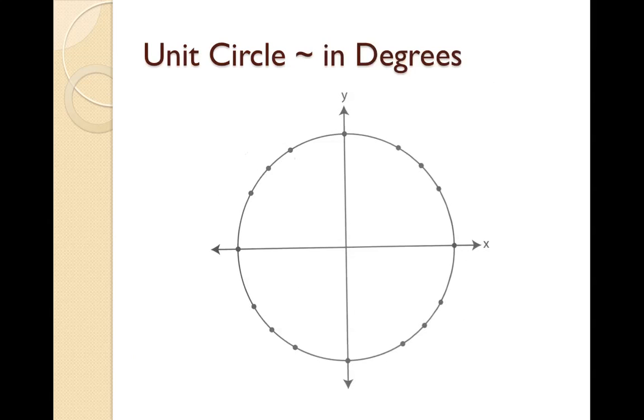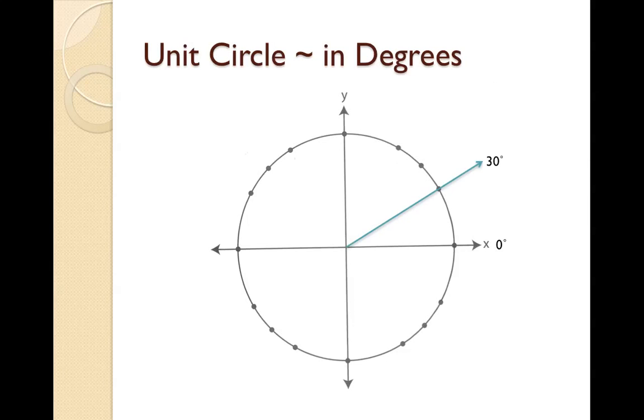Now let's talk about this unit circle just a little bit. So on the unit circle, we want to show where our special angles are, because these are going to be key measurements for us to be using as we look at our lessons coming up. So let's talk about it in degrees first. Obviously, when we start at the x-axis, we're starting at 0 degrees because that's our standard position, so we have not rotated anywhere yet.